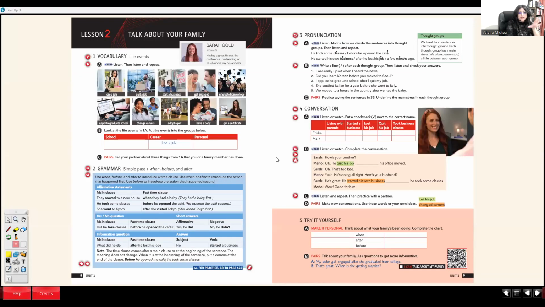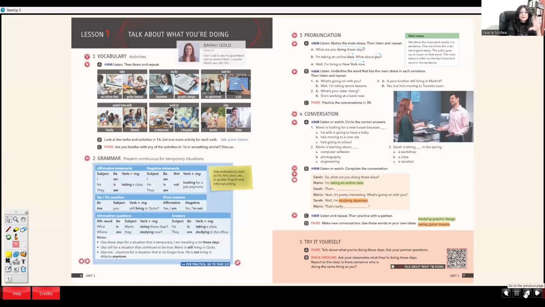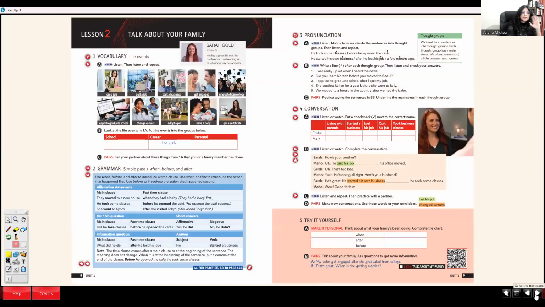So the first unit here, the first lesson, sorry, is quite easy. We only have some vocabulary, things that you need to keep in mind, and then we have the present continuous. But on the next one, we have the past simple. And this is something that we are going to spend a little longer talking about: the regular verbs, irregular verbs, the pronunciation, which is something that people get mistaken all the time.